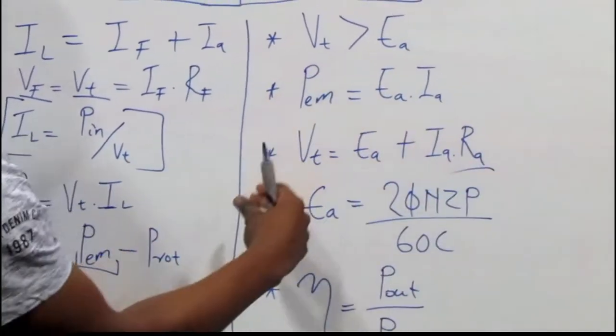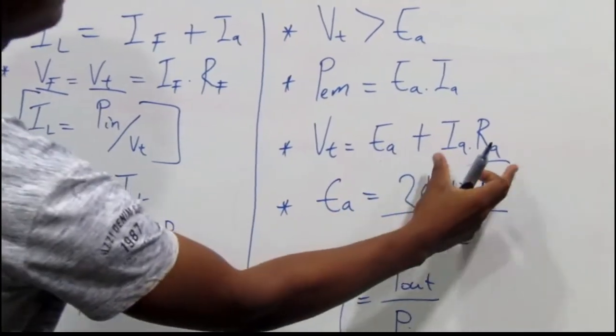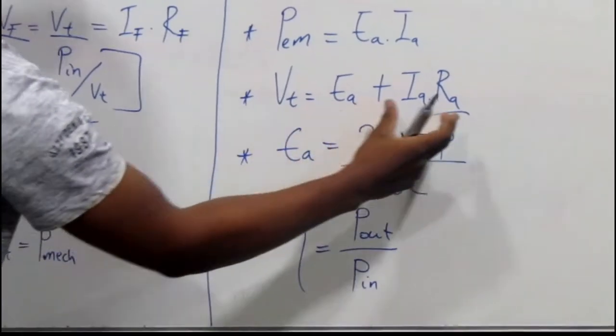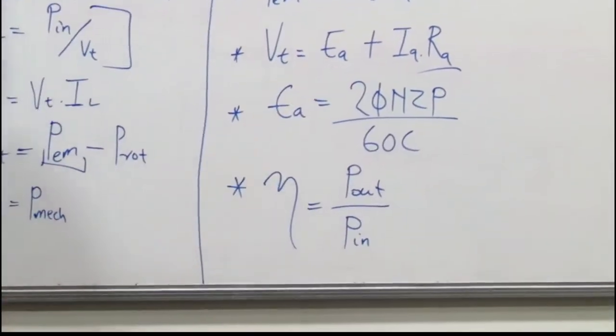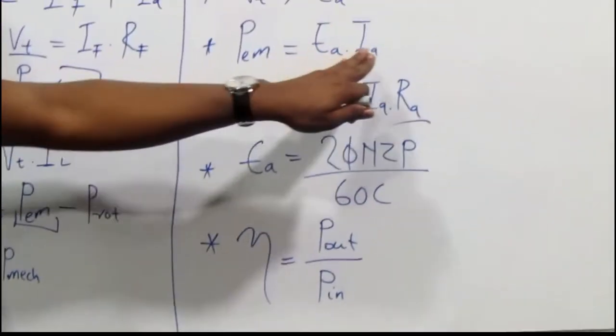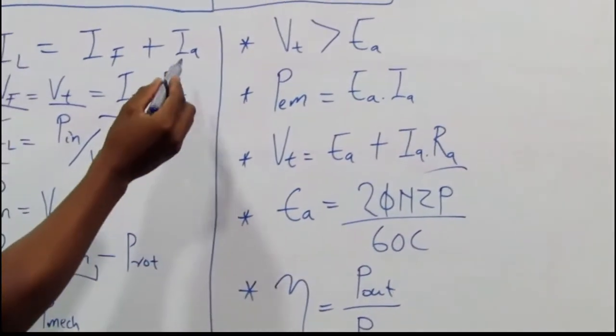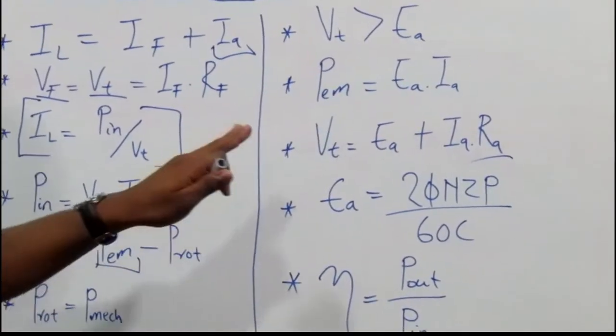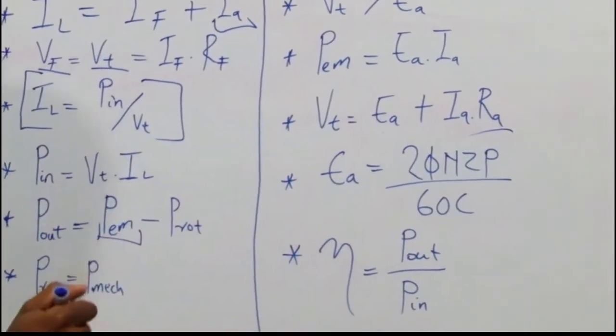Then you take this to the other side. Because it's positive, when you take it to the other side, it becomes negative. Therefore, VT minus this is going to give you EA, where you substitute it here, and you make IA the subject of the formula here, so that you can get your electromagnetic power.